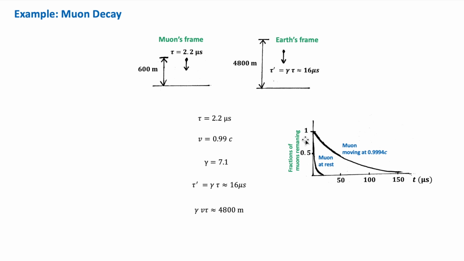And in the muon's frame of reference, there is no time dilation, but the distance of travel is shorter in its frame, okay? And for an observer on Earth, there is time dilation, but the distance of travel is the actual height and is the proper distance before the muons decay. So when calculations are made in both frames, the outcome of the experiment in one frame is the same as that in the other frame.